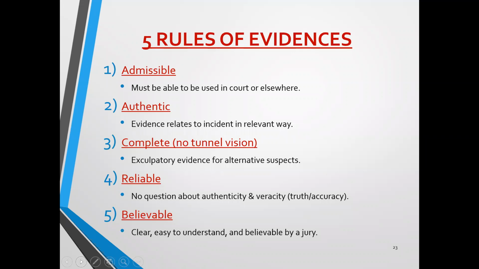This evidence should be complete. We term it as no tunnel vision. We should be able to see that it is not altered in any way. And that's why we always test for integrity, because we want it to be as complete as possible. Number 4, evidence must be reliable.